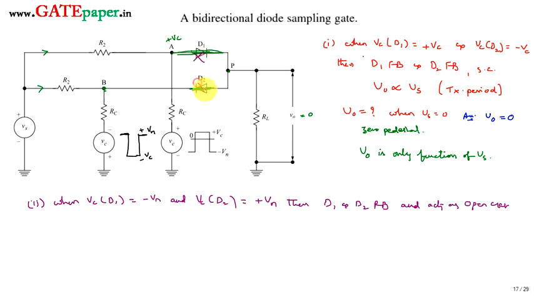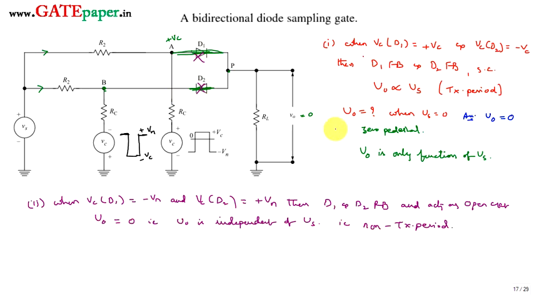Whenever they are replaced with open circuits, then V0 is equal to 0 as no current flows in the load resistor. That means V0 is independent of inputs, independent of Vs. So this is called the non-transmission period. During the non-transmission period, V0 is independent of input and V0 is 0.